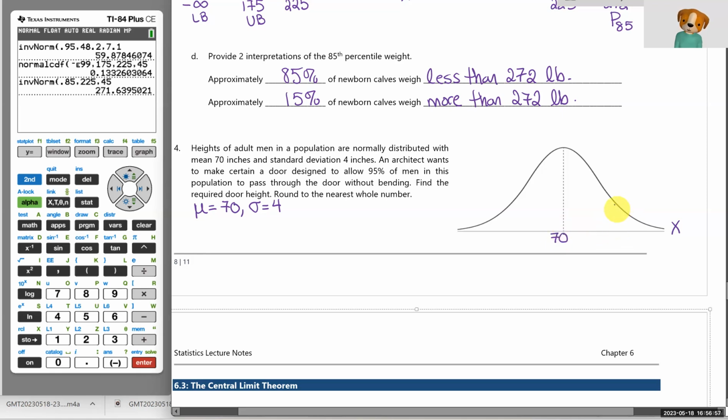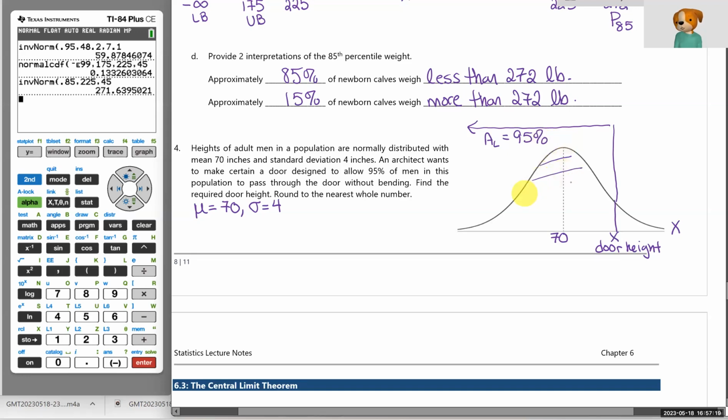Somewhere over here, I'm going to have a door height that allows 95% of men, so the area to the left of that unknown value would have to be 95% of men.